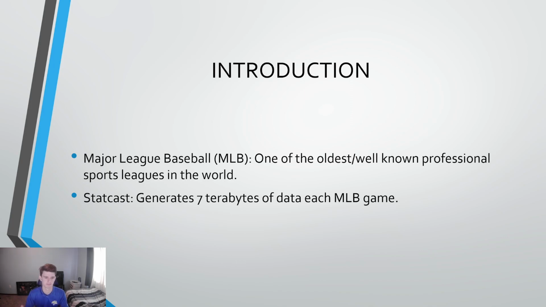It shows all of this data. It also generates slow-mo replays and 3D rendering of it. So as you can see, that is why it generates 7 terabytes of data.